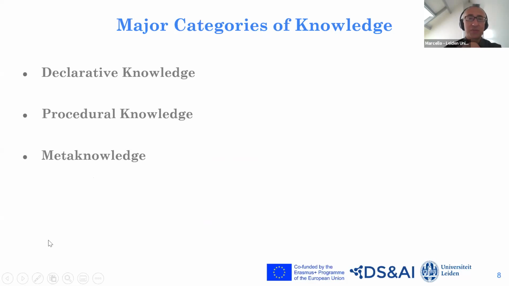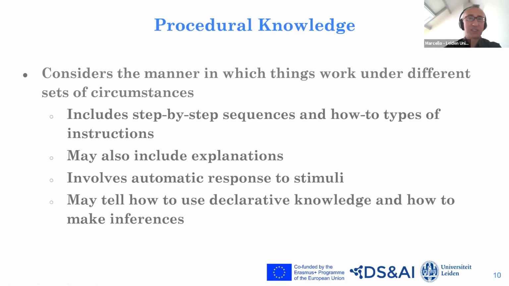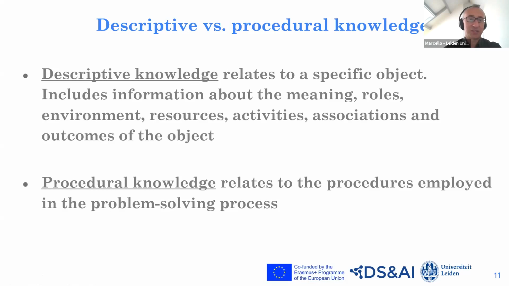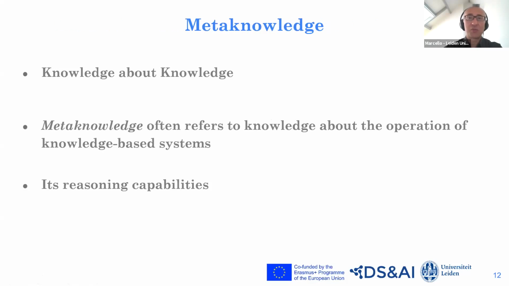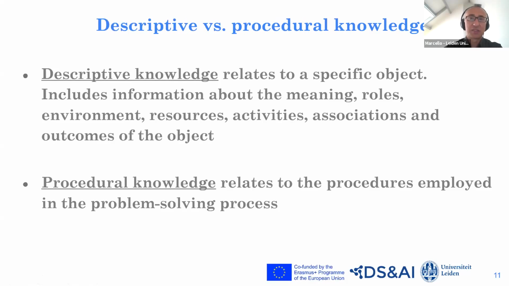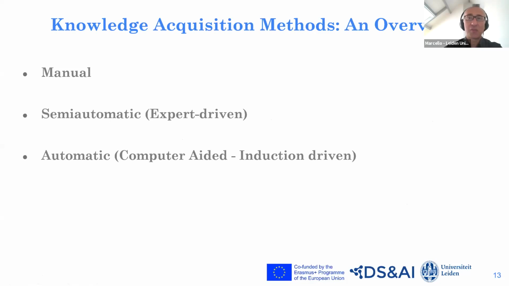There are several types: declarative, procedural, meta knowledge, and what they mean. I'll just scroll through this. So this was about the knowledge. There are several types of knowledge, and now we go to knowledge acquisition. It can be done manually, or semi-automatically by some expert, or fully automatically.